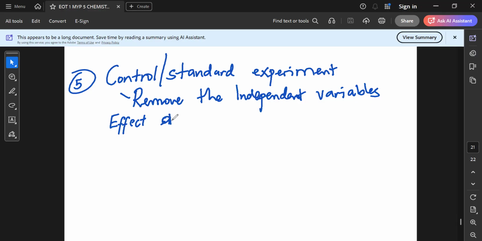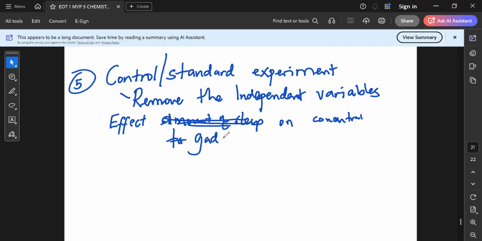Maybe amount of sleep on concentration. Would this work? Now, the effect of gadgets, maybe laptops, on concentration in class. You want to find out the effect of gadgets on concentration.